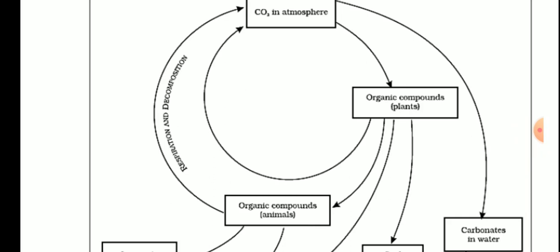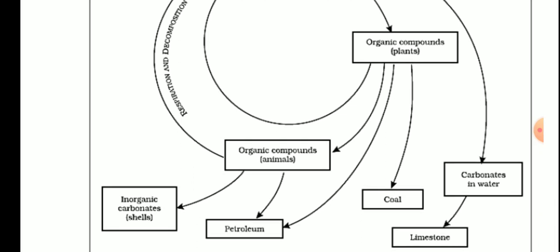And then from the plants and animals, after their death, by decomposition, burning, etc., carbon compounds are formed like coal and petroleum. You know that after burning of the plants coal is formed.